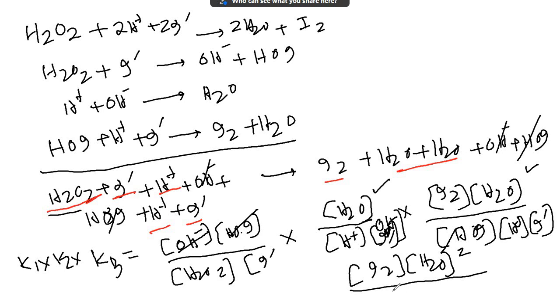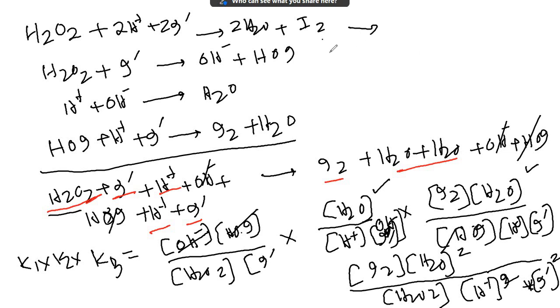Denominator we are getting as H2O2, H+ squared, into I- squared, because it is I- into I-. So K for the equilibrium constant of this equation is equal to K1 into K2 into K3. Very important: addition of equations equals multiplication of the respective equilibrium constants. In case of subtraction, it is equivalent to division of the respective constants.